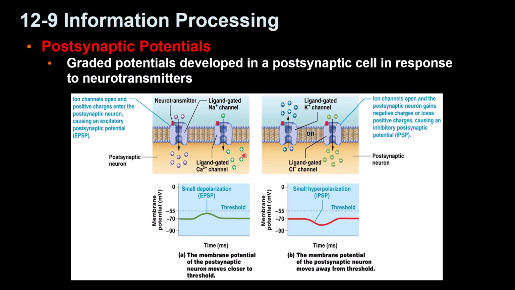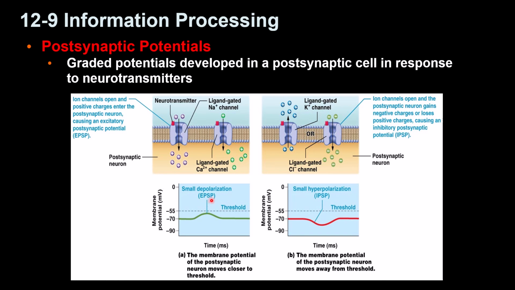So the inside of the cell becomes more positive, which means what? Depolarization, increasing the cell membrane potential, getting it closer to the threshold, getting it closer to 0, or making it more positive. So these are called excitatory.